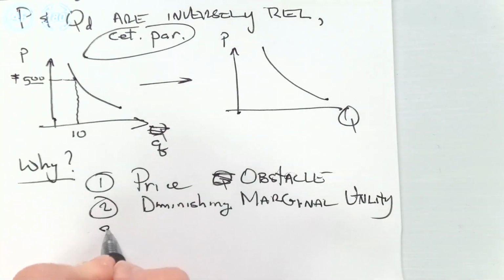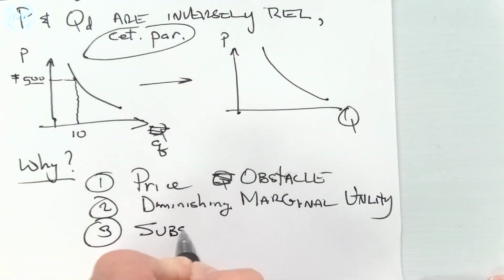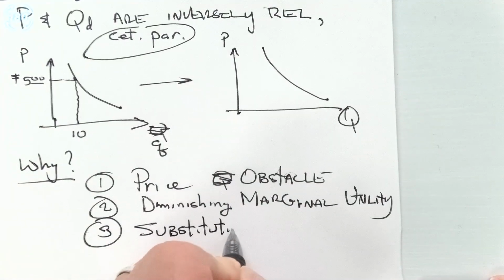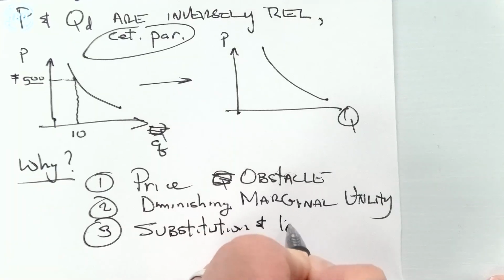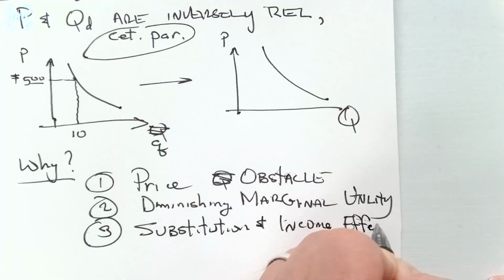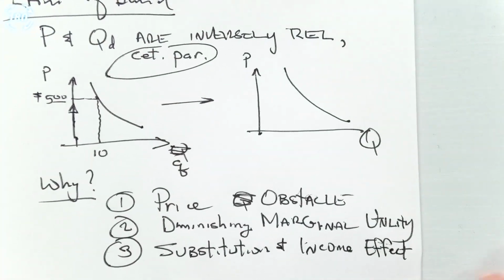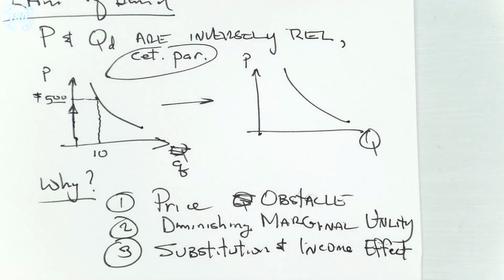And 3, very important here, we talked about the substitution and income effects. So if the price of gasoline goes up here, from $3 a gallon to $5 a gallon, wow, man, nobody wants to see that, right?